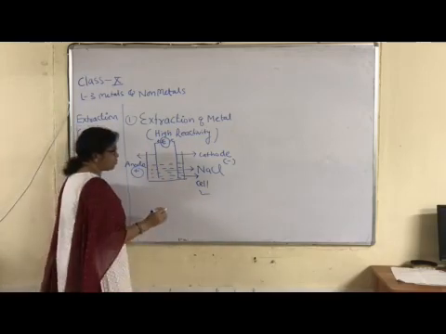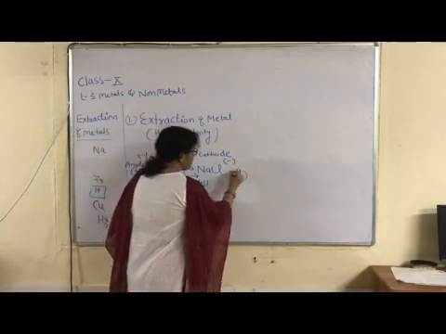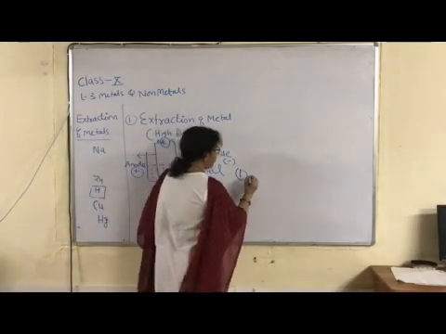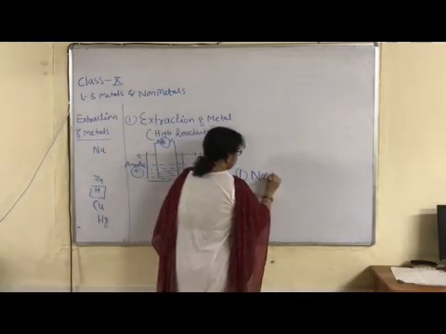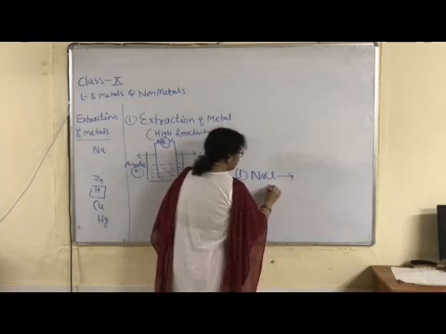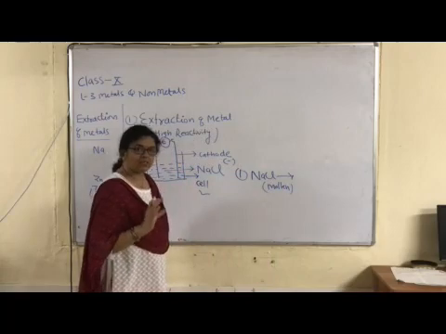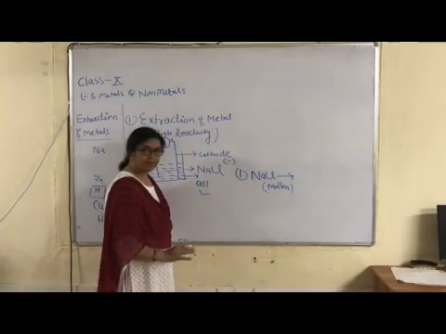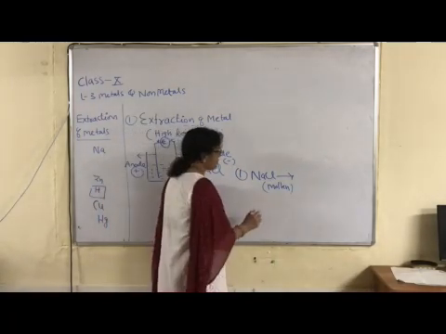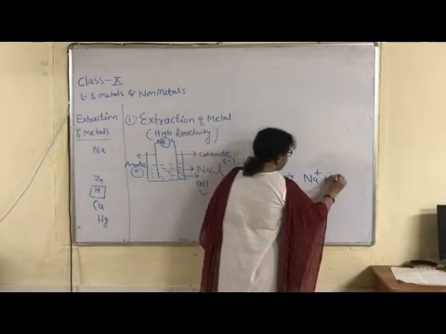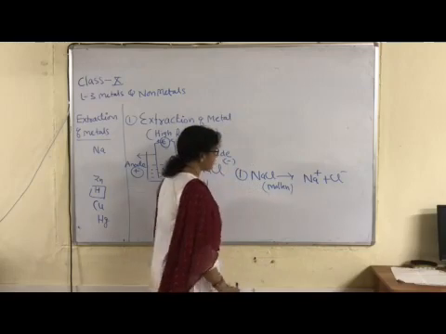When electricity is supplied, what is the first step of the electrolytic process? Electrolytic decomposition. This is molten sodium chloride. Molten means only sodium chloride is taken in molten, semi-liquid state. Then the first step is dissociation, formation of ions.